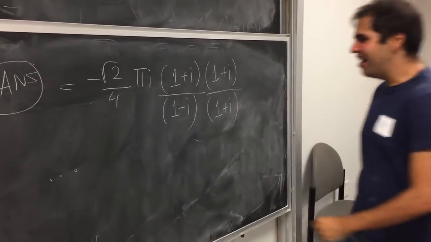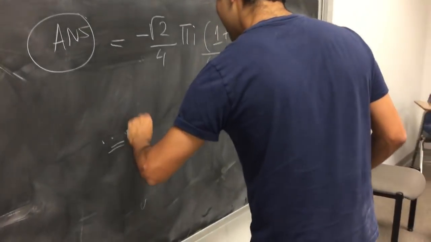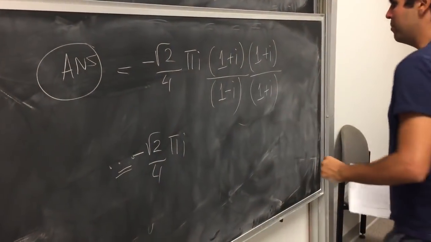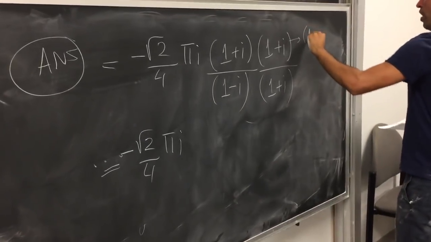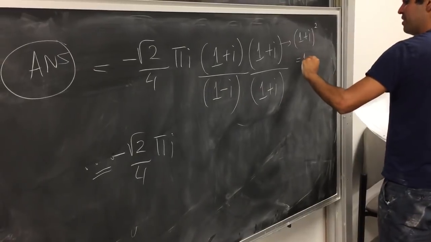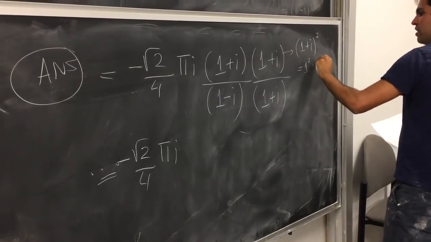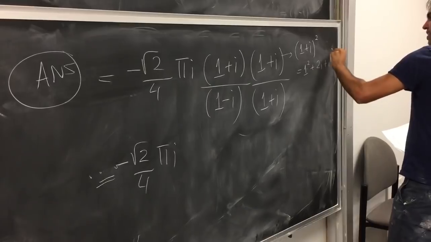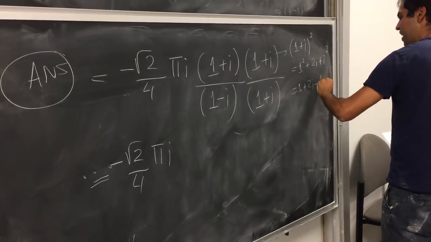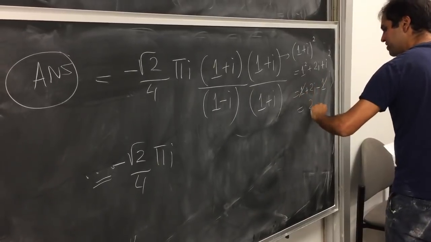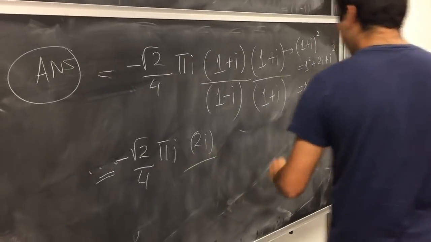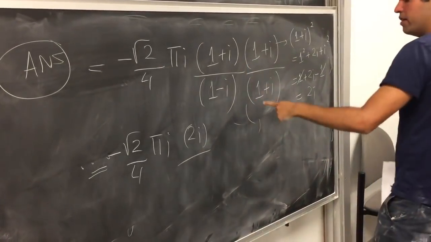So let's use the complex conjugate for this. And so we get minus square root of 2 over 4 pi i times 1 plus i squared over the denominator. It turns out this becomes very simplified. The numerator is 1 squared plus 2i plus i squared, that's 1 plus 2i minus 1, and that's 2i.